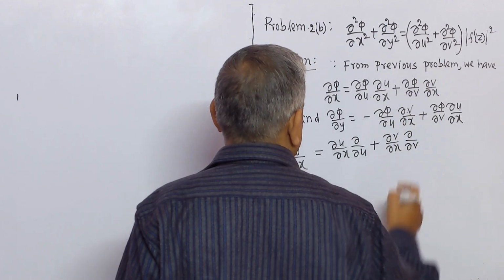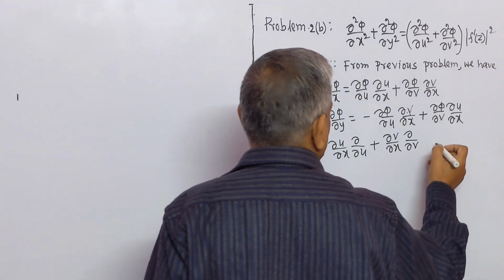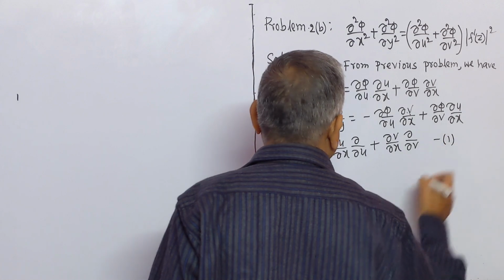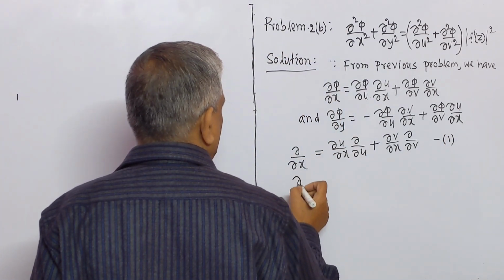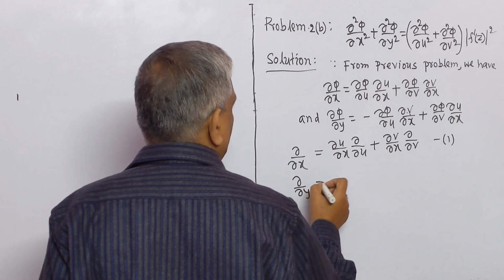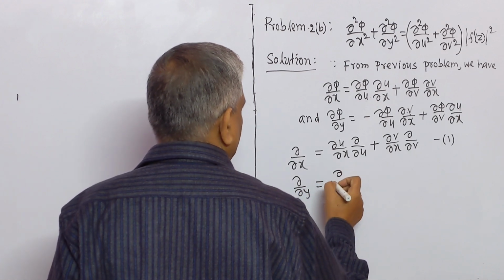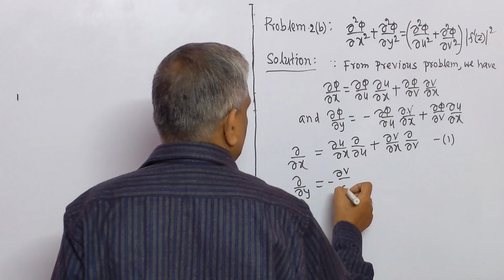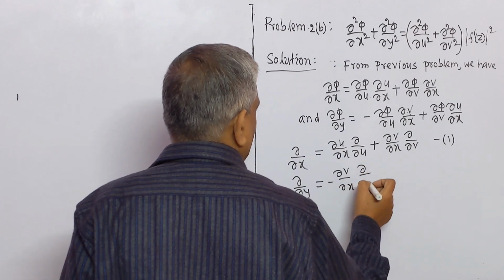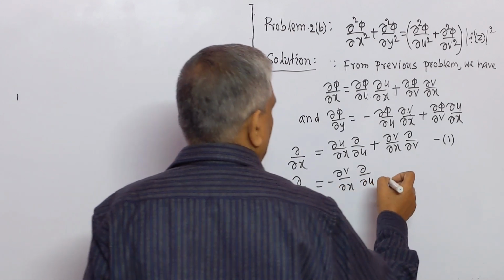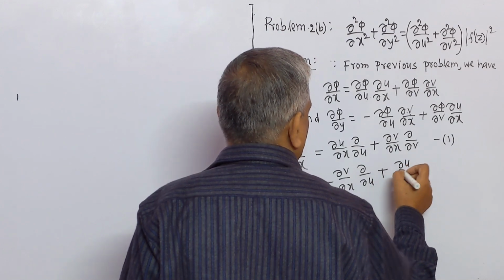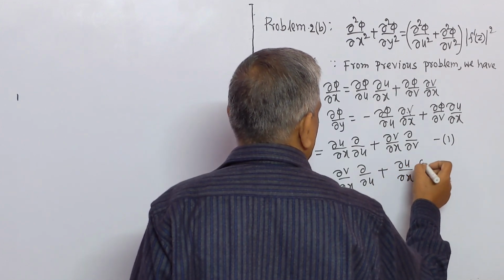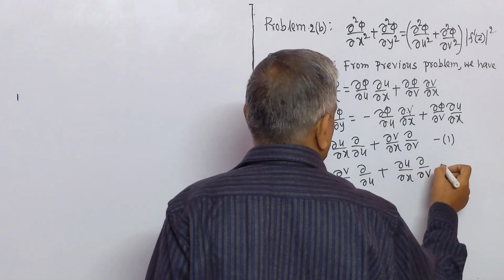This is number 1. Similarly here del by del y equal to minus del v by del x del by del u plus del u by del x del by del v. This is number 2.